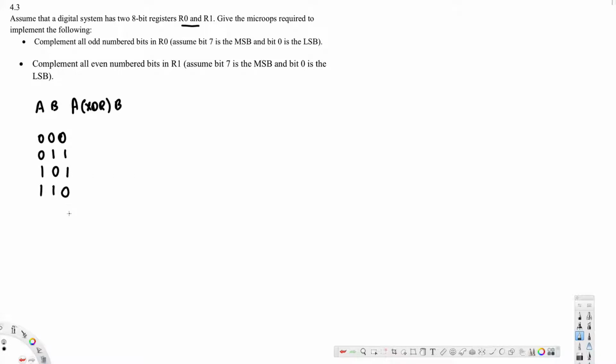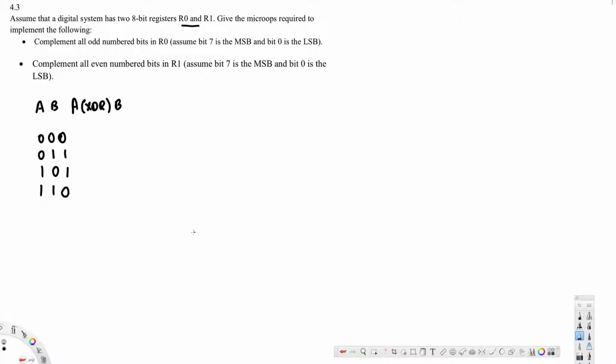So we can observe that when one of the inputs to the XOR gate is 1, the output is the complement of the other input. And when one of the inputs is 0, the output is just the other input.